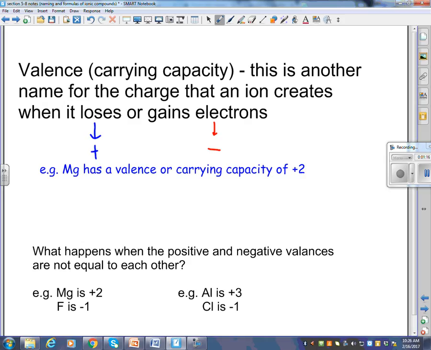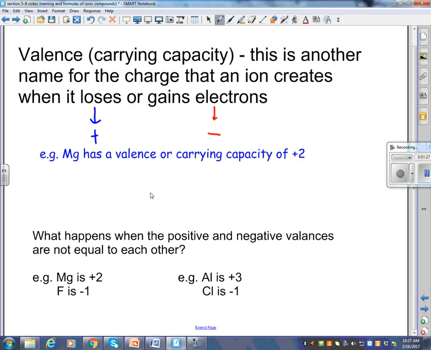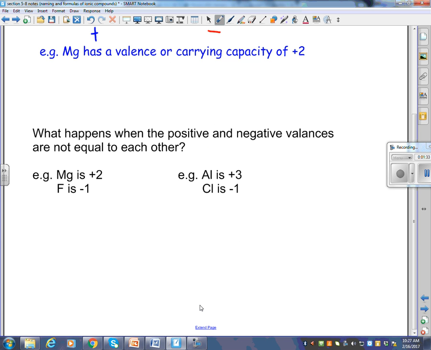So what happens when the positive and negative valences are not equal to each other? For example, if I've got Mg, which is a +2, and F is a -1, what do we do? This is how you show it with Lewis bonds, right?